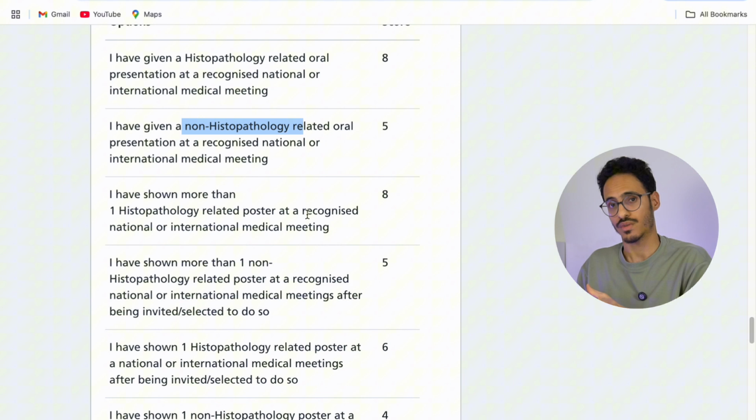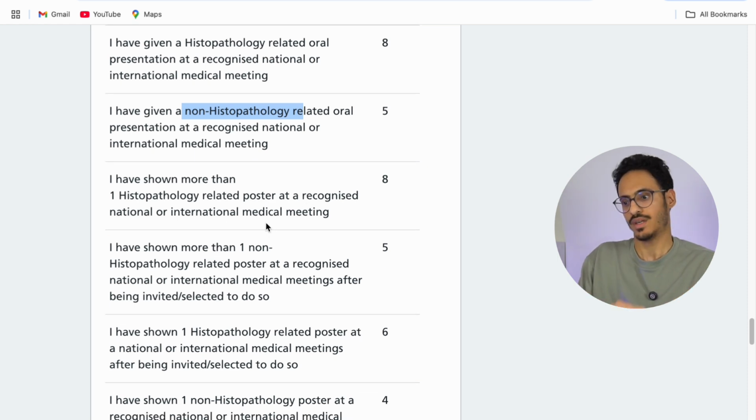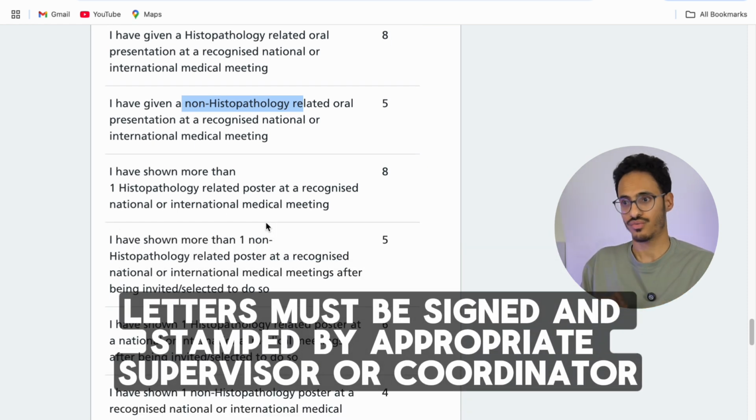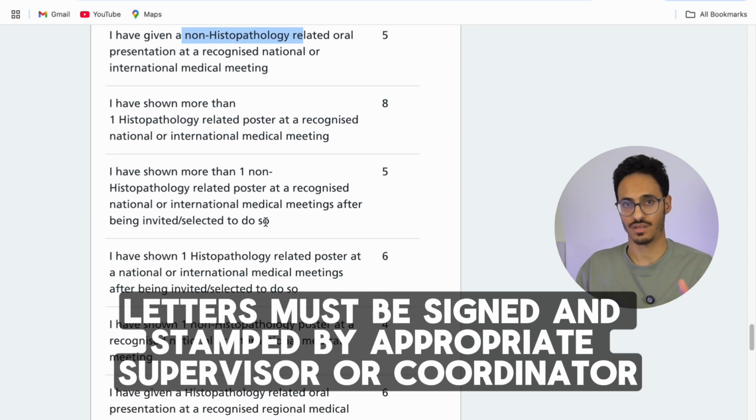If you do not have that certificate, you can get a letter which clearly says that you have presented X, Y, and Z. And you can start your letters with "to whom it may concern." You don't have to make your letter very specific to a certain deanery. It should have your name, and it should have the achievement you've done, and then it should be stamped and signed off by, let's say, the coordinator of that conference.